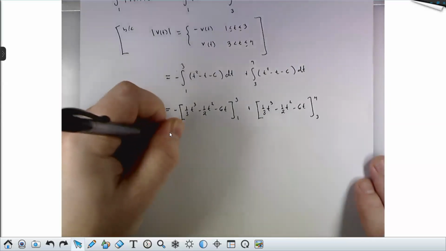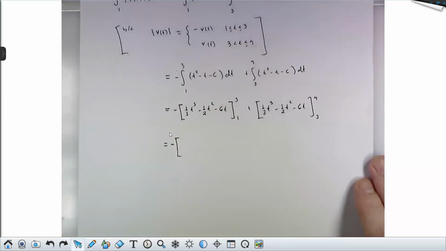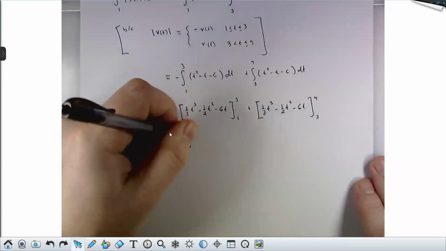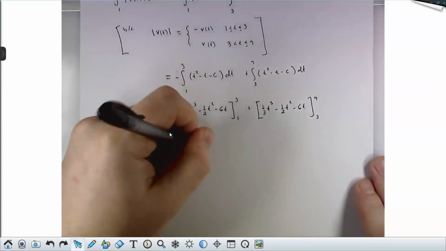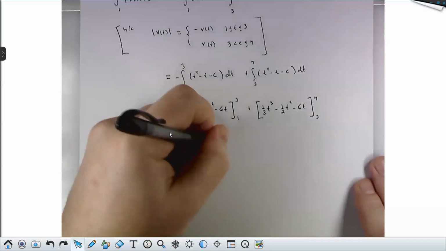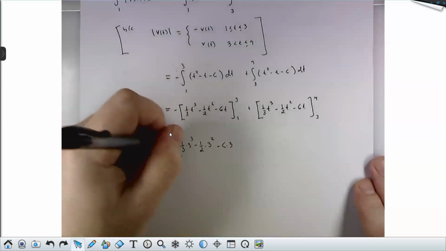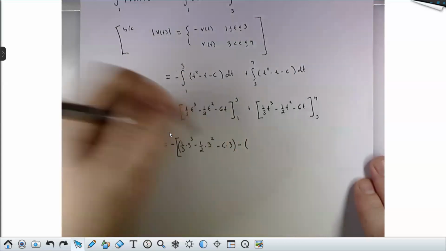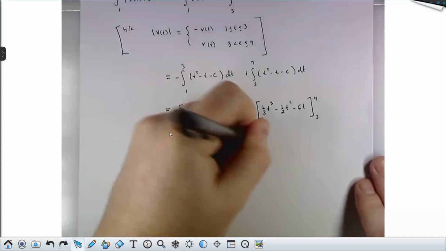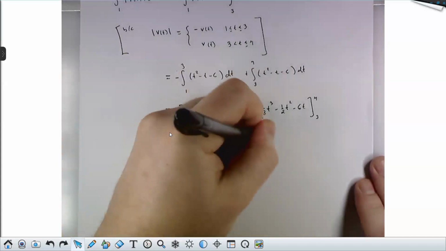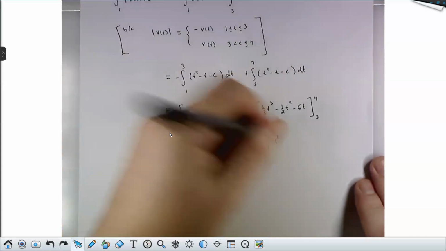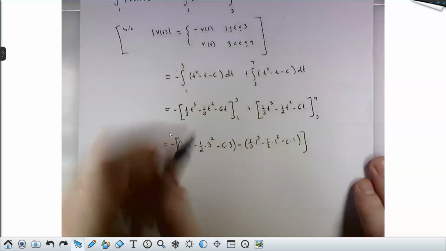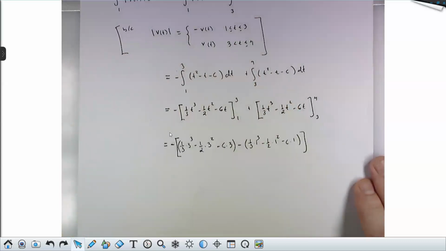So here I'll have negative, run out of space on this line, I can see it already, 1/3 times 3 cubed minus 1/2 times 3 squared minus 6 times 3. And from that I need to subtract 1/3 times 1 cubed minus 1/2 times 1 squared minus 6 times 1. All of this is just this.